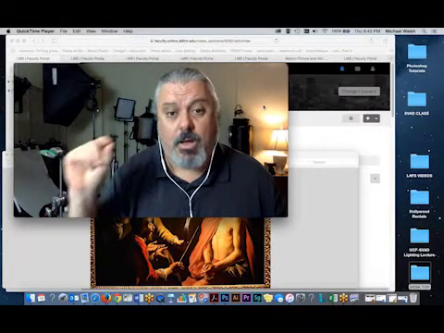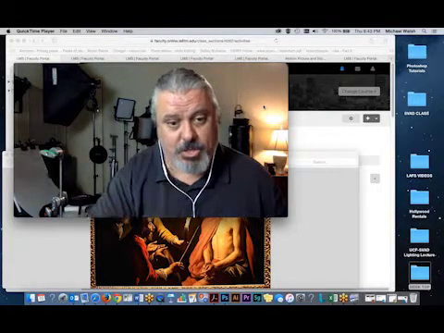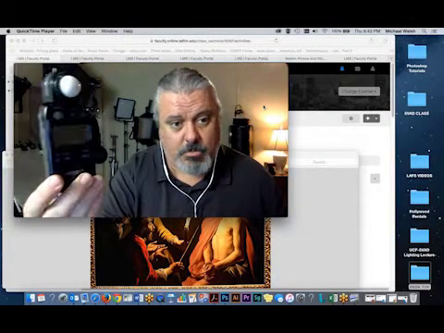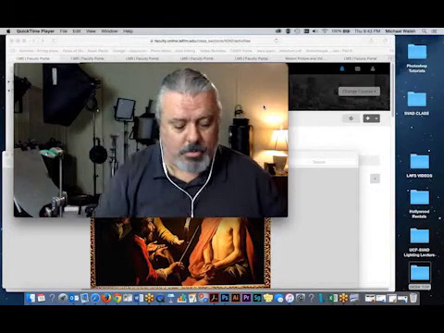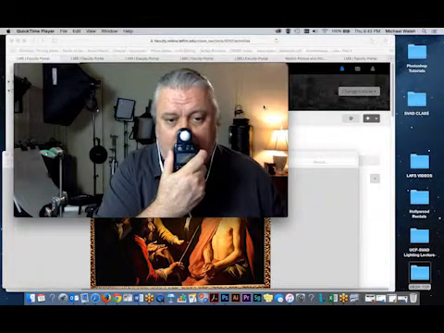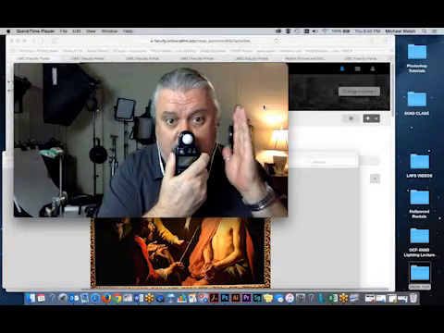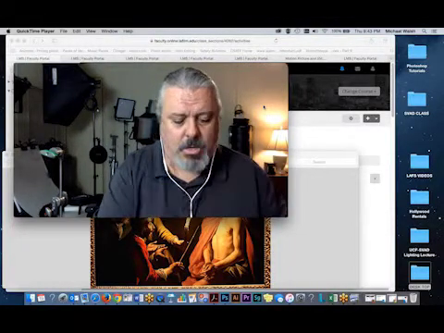Now if you point it directly at the camera and you consider equally how much shadow is on this side and how much highlight is on this side, I'm going to get a meter reading somewhere in between the F2 from over here that we just read and the F4.5 over here from the key light.